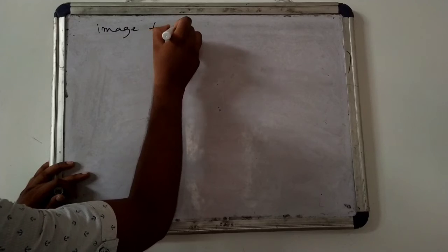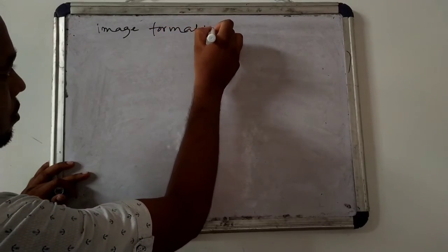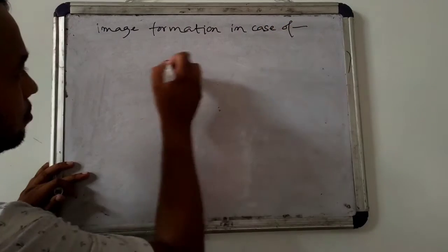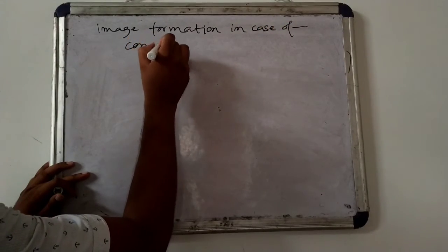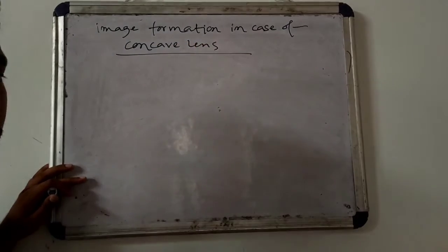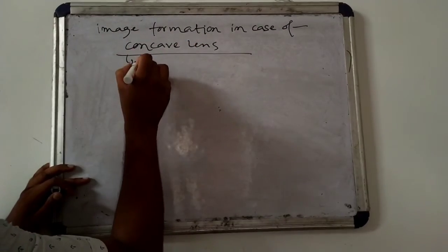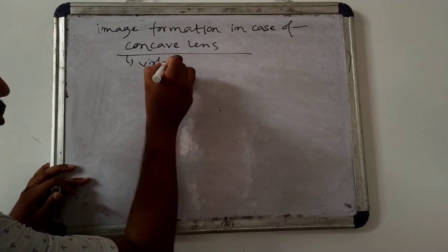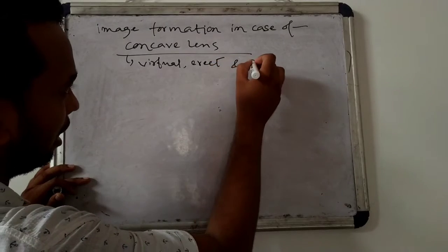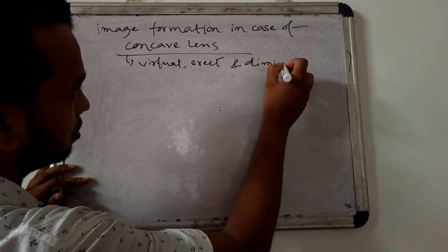Image formation in case of concave lens. So this lens always produces virtual, erect and diminished image. Always.